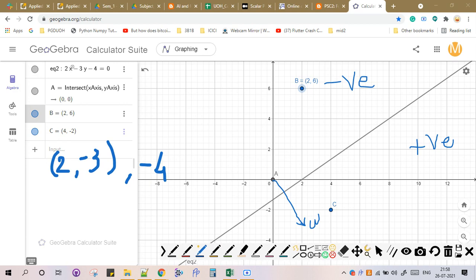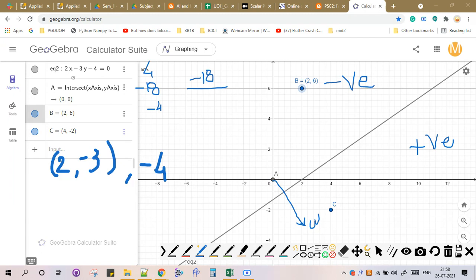So 2 times 2 is 4, minus 3 times 6 is 18, minus 4. So it would be minus 18, right? f of p divided by norm of w.